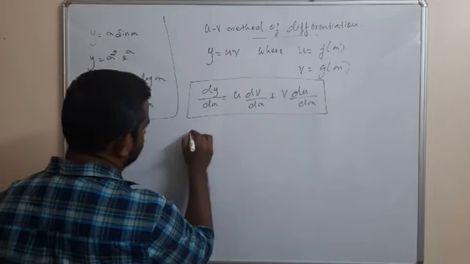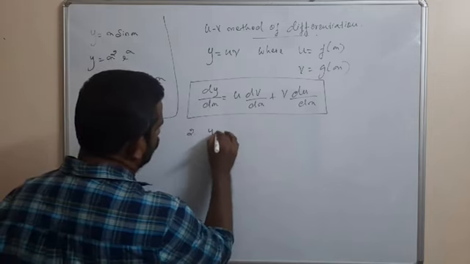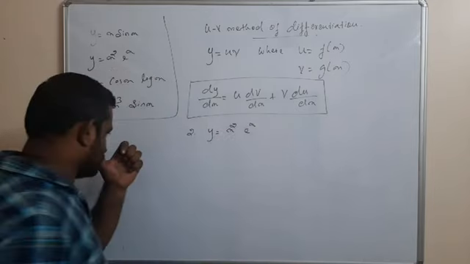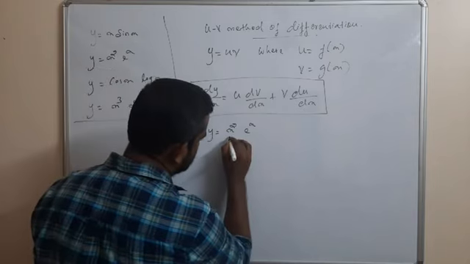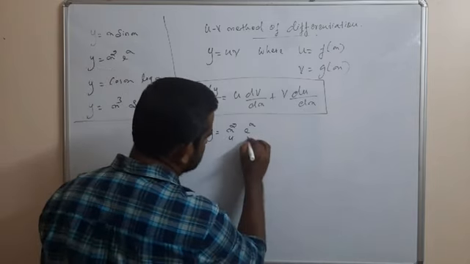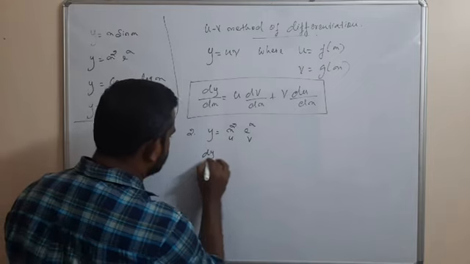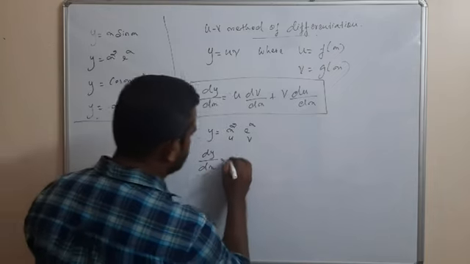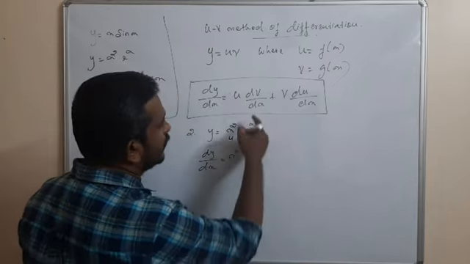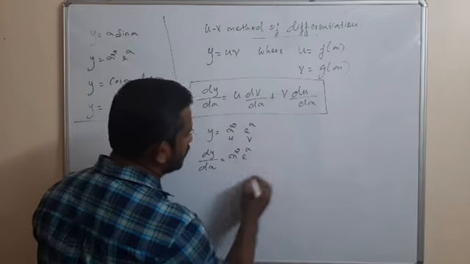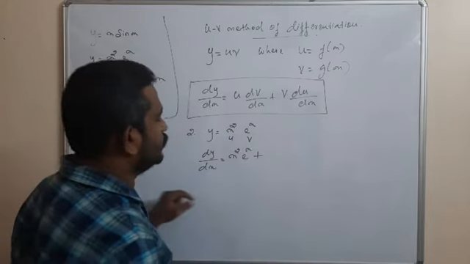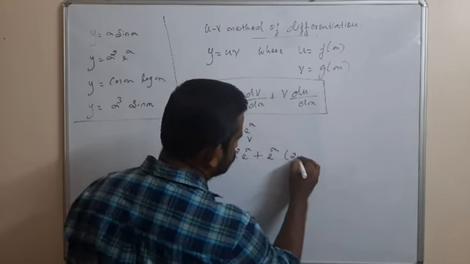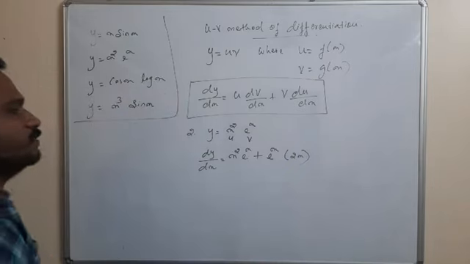Second problem, y is equal to x square e power x. So x square is u, e power x is v. dy by dx equal to u into dv by dx, that is x square into e power x, plus v into du by dx, that is e power x into 2x.